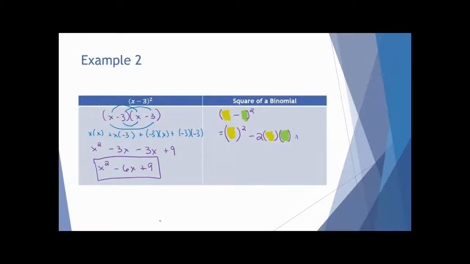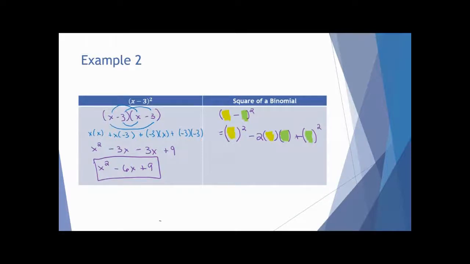And then the last term, you always have a plus, and then it's the green squared. So the pattern is different from the previous example because while the first part and the last part look similar, but the last one has a plus this time, we now have a middle term. So it's 2 times the two parts together.